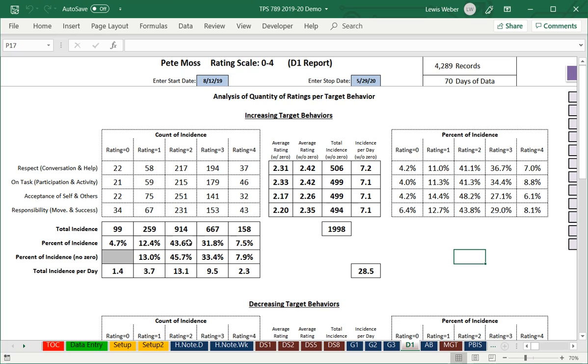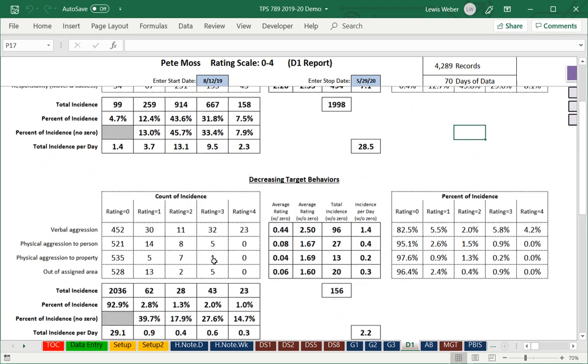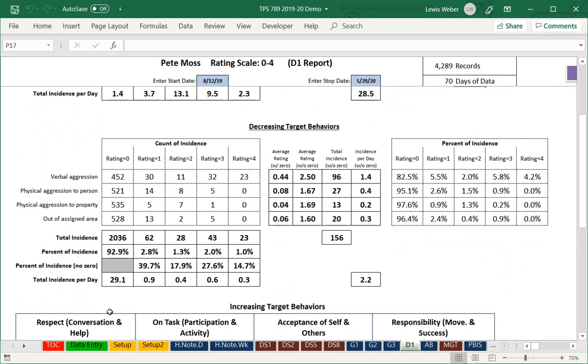So 43% were 2s across all of the measures. And here's total incidents per day for each of these kinds of ratings as still another way to look at that. Some of these are more important for the decreasing target, which I'm going to look at right now.